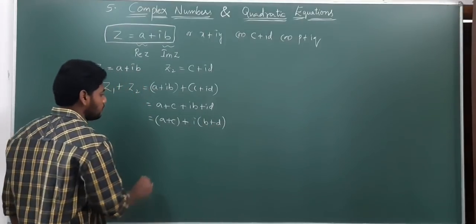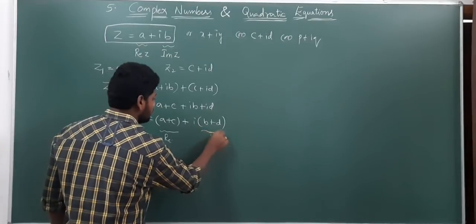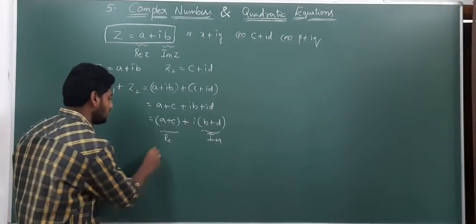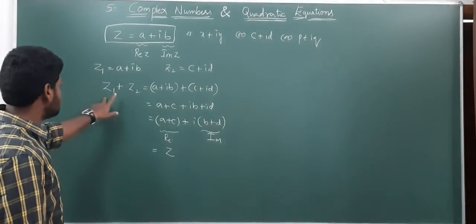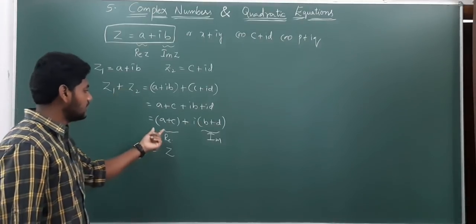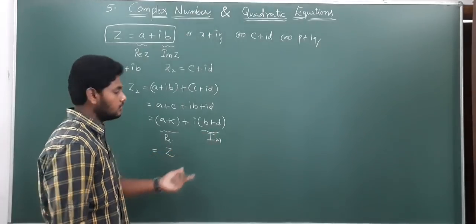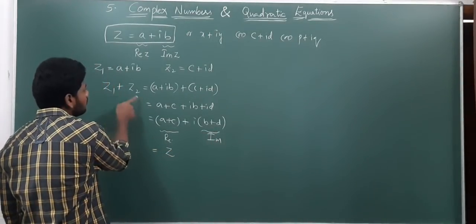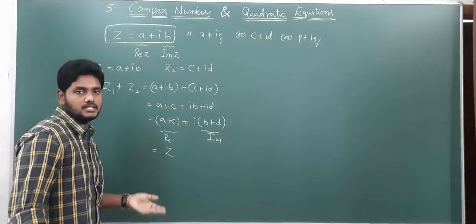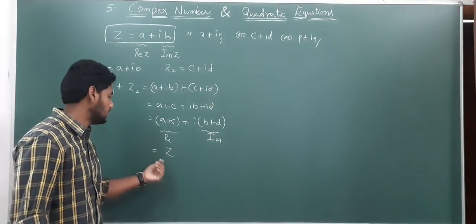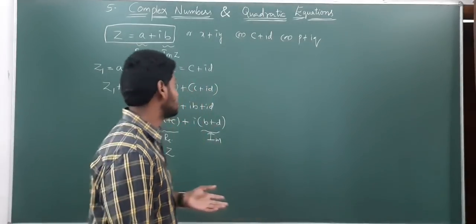This is the real part and this is the imaginary part, so again we get a complex number. A complex number plus a complex number again gives a plus ib form, or x plus iy form. So if we add two complex numbers, we get a complex number only. Like that, if we subtract two complex numbers, we get a complex number only. Like that, if we multiply or divide, again we get a complex number.